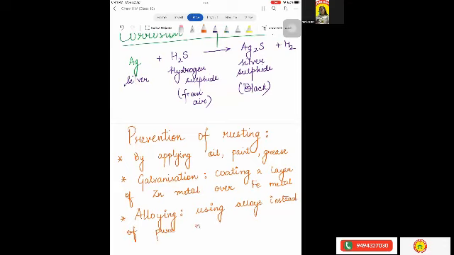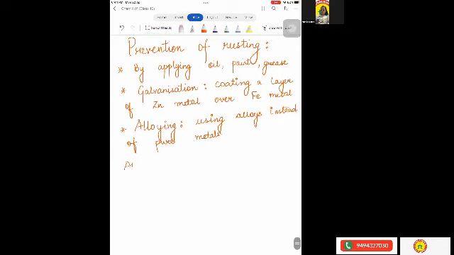Now, what are alloys? Alloys are homogeneous mixtures of metals, either with other metals or with non-metals.